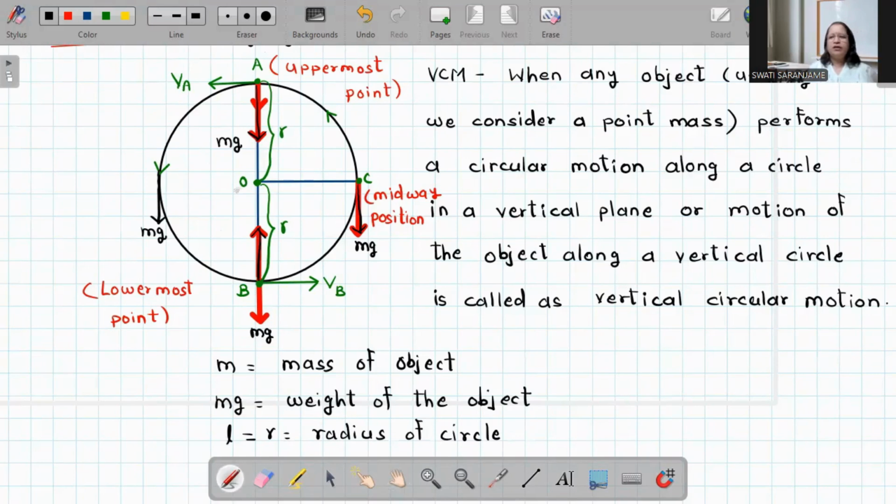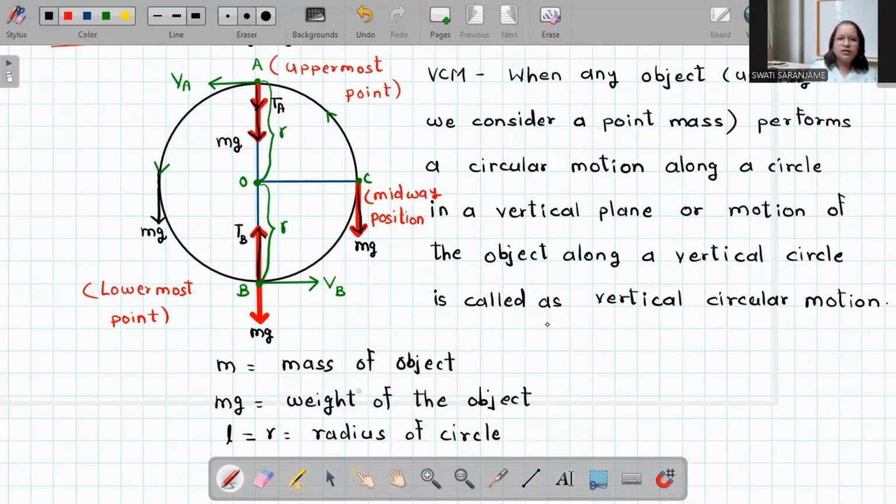You just assume that we are holding that string in our hand, and to the free end of the string a point mass is connected and we are whirling it in a vertical circle like this. So the tension gets developed in the string, and at different positions, just as shown on this figure, TB represents the tension developed in the string at the lowermost position. At position A, which is the uppermost position, TA represents the tension developed in the string when the object reaches that highest position.